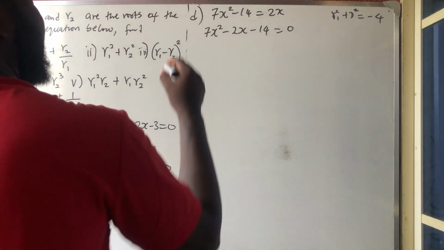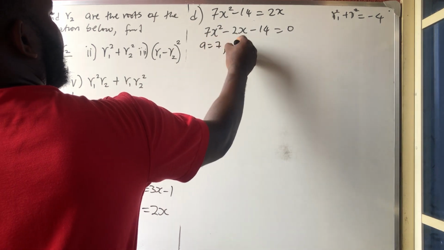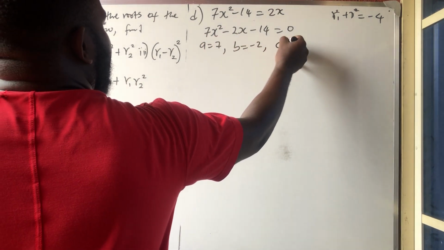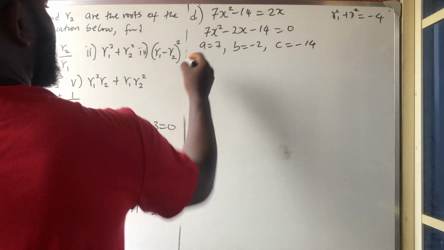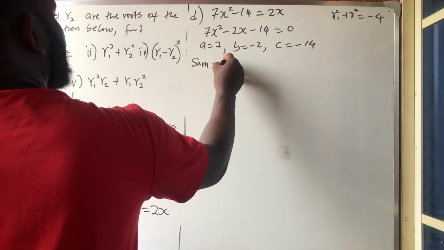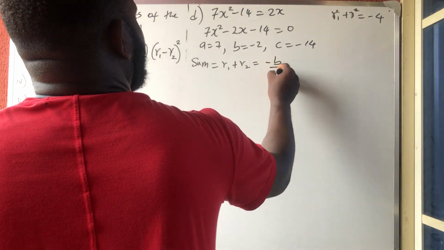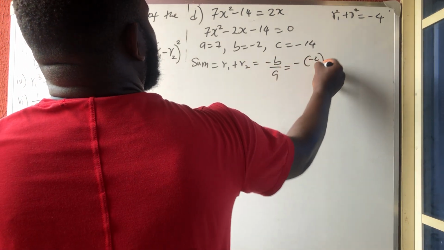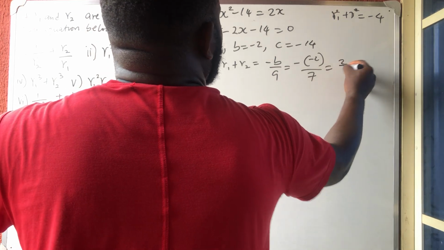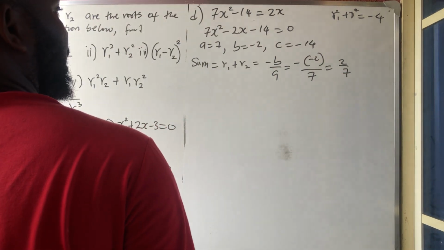So if you look at this, automatically my A is 7, my B is minus 2, and my C is minus 14. So we need the sum. The sum is what? R1 plus R2, which is equal to minus B over A, which is minus into minus 2 over 7, which is what? 2 over 7. Okay? I've gotten 2 over 7.